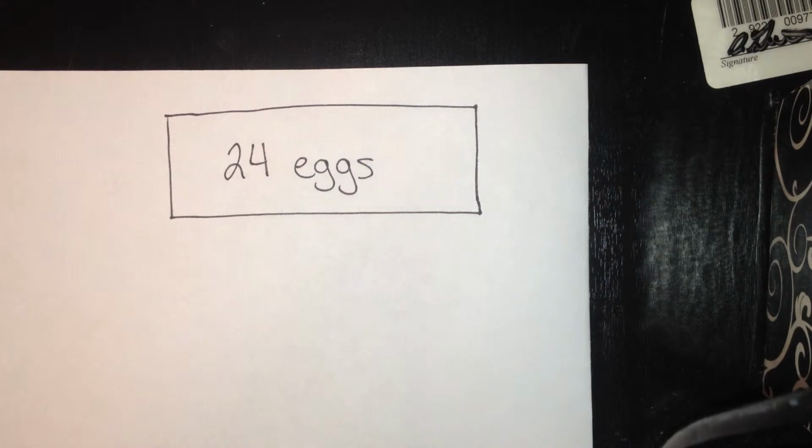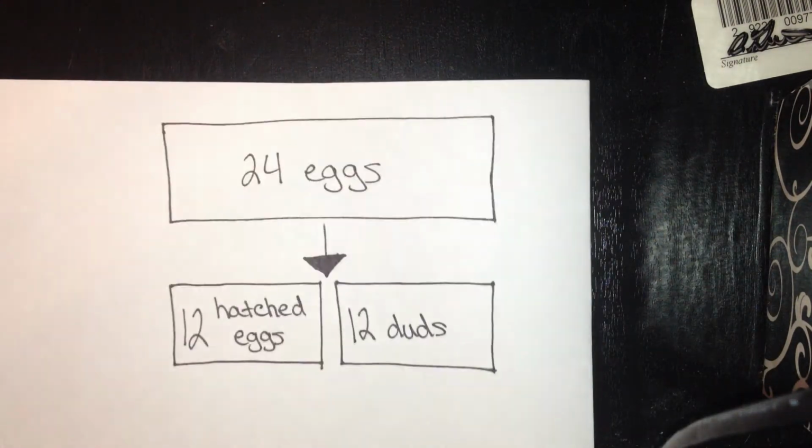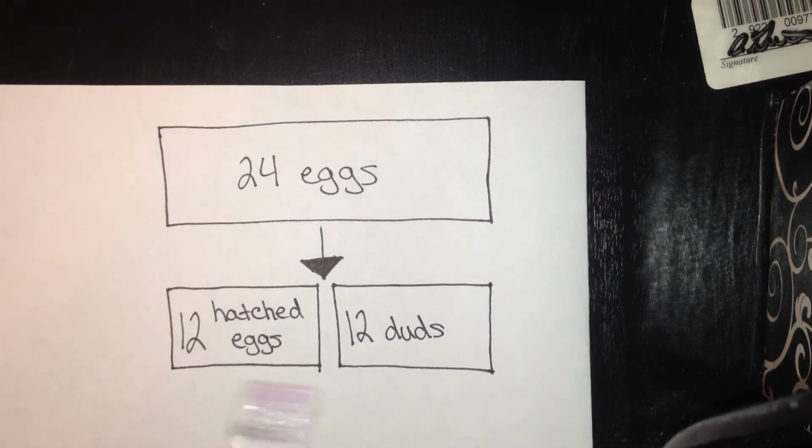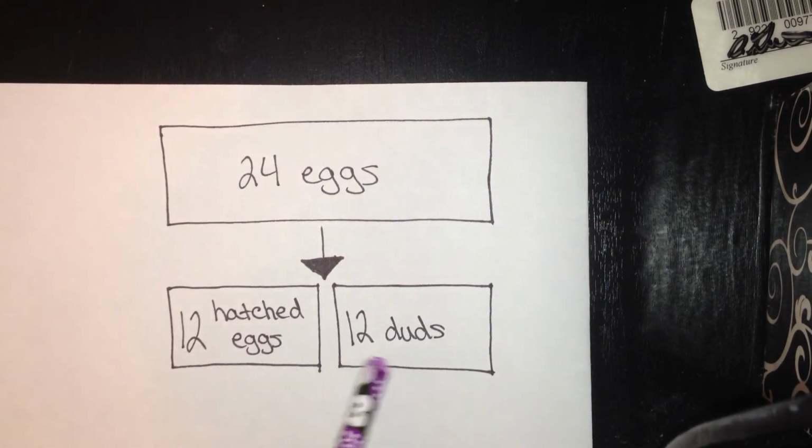I then would explain that next we need to find out how many is in 1/2 of the 24 eggs, because we know that half of the 24 eggs hatched and half were duds. I would ask the student if they knew what half of 24 was, and once they gave me the correct answer of 12, I would draw 2 smaller boxes underneath the large box and label each of the smaller boxes with 12.